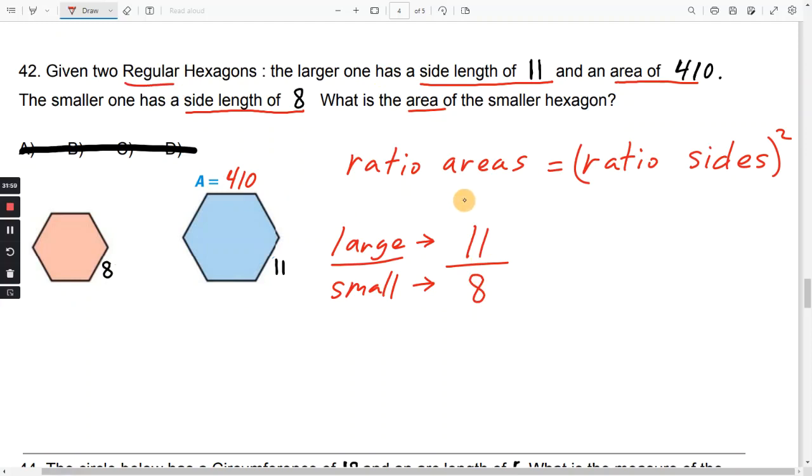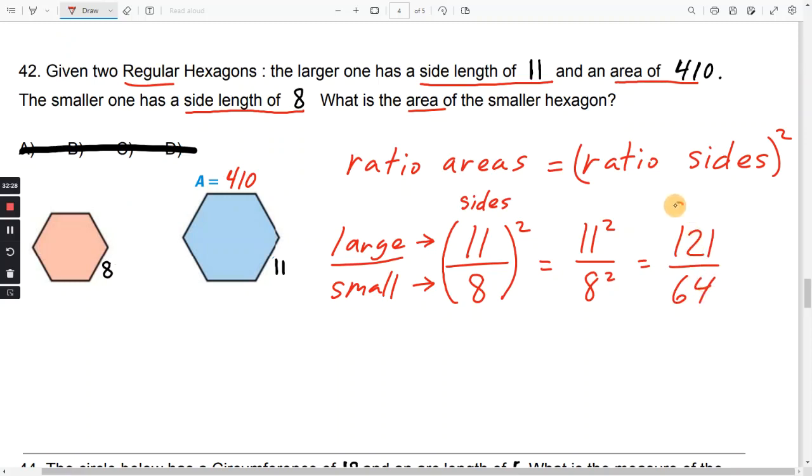Okay, this is the ratio of the sides. But if we want the ratio of the areas, we have to take that and square it. So I'm going to take this right here and square it. When you square a fraction, you have to square the top and the bottom individually. 11 squared over 8 squared. So that's going to be 121 over 64.